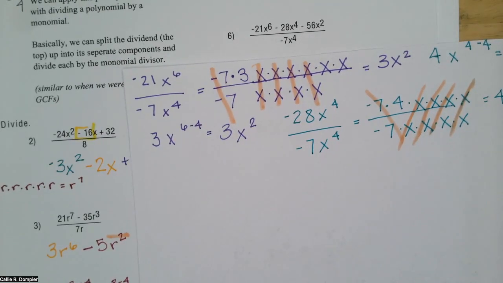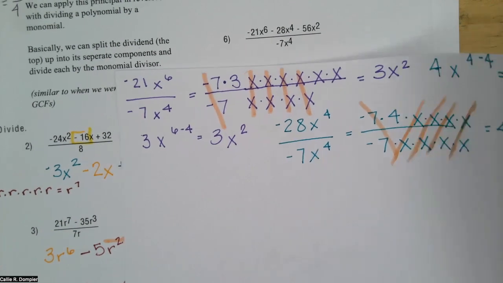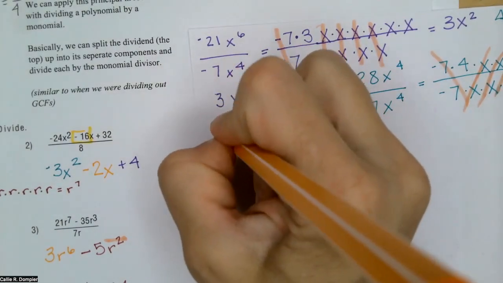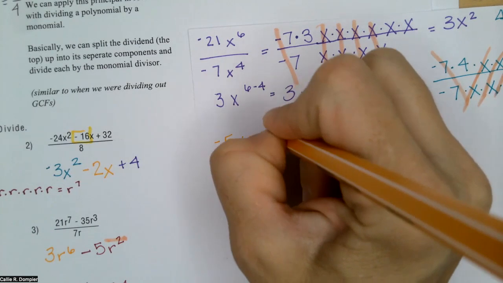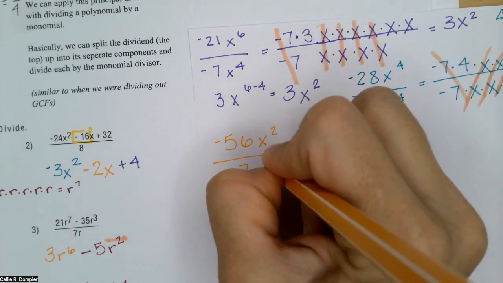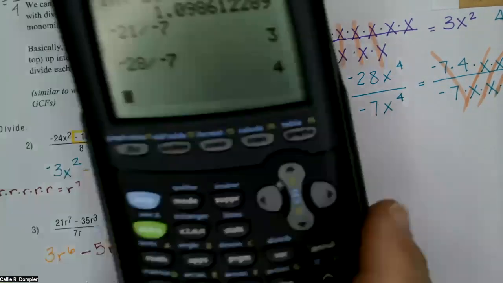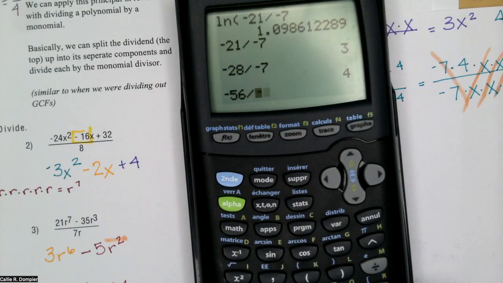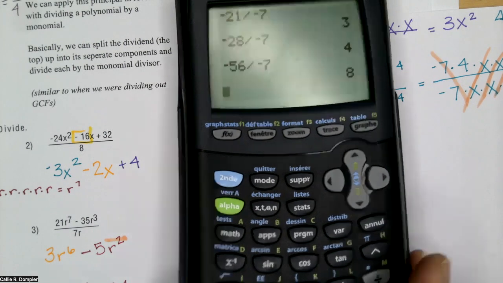And then the last one is negative 56x squared divided by negative 7x to the 4th. Negative 56 divided by negative 7 is 8.